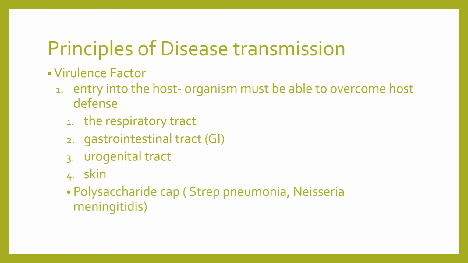An example of a virulence factor that aids a certain organism to bring forth problems would be the presence of polysaccharide capsules. They can evade host defenses in these organs or tracts. Polysaccharide capsules are found in organisms like Strep pneumoniae and Neisseria meningitidis.